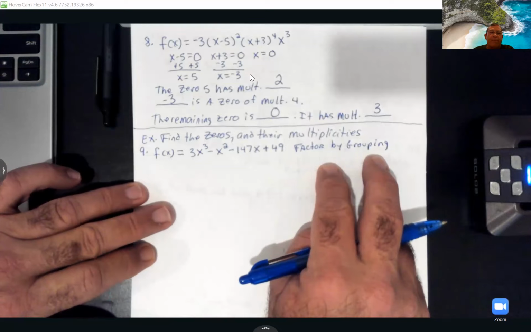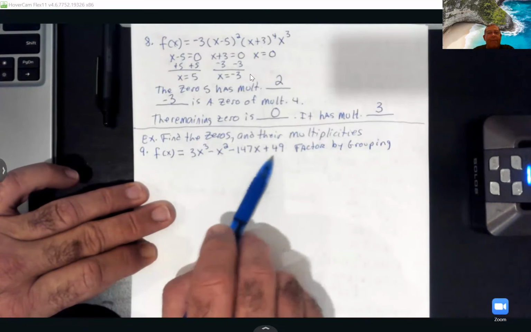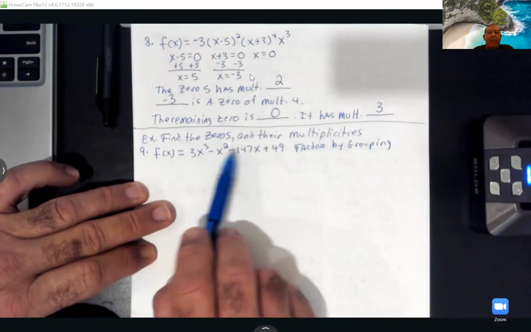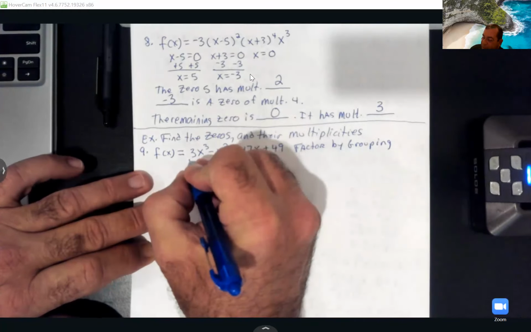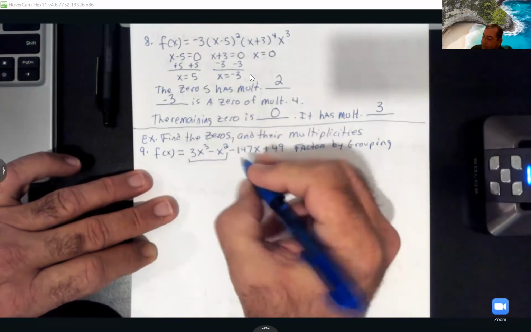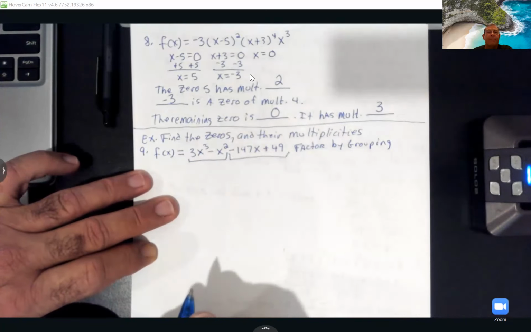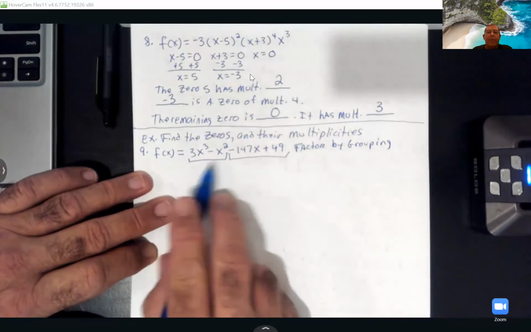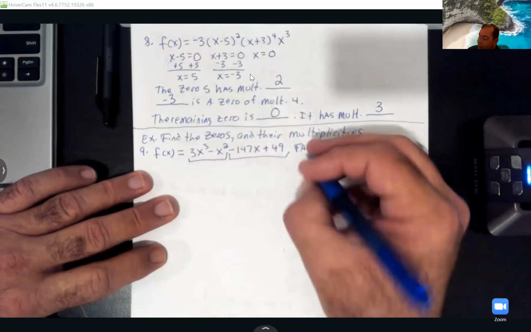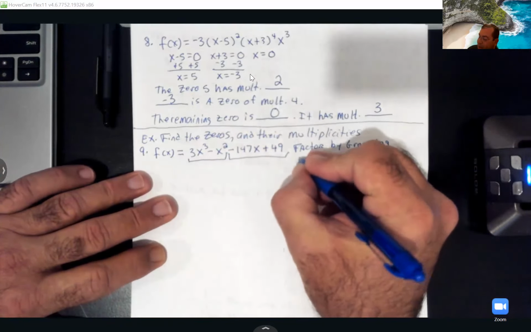Factor by grouping means when you got 4 terms like this, you group the first 2 together and you group the last 2 together. So you make 2 groups of 2 each.